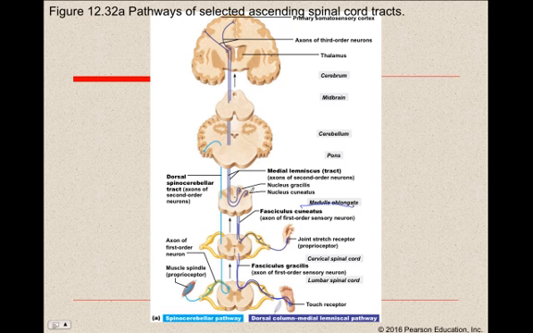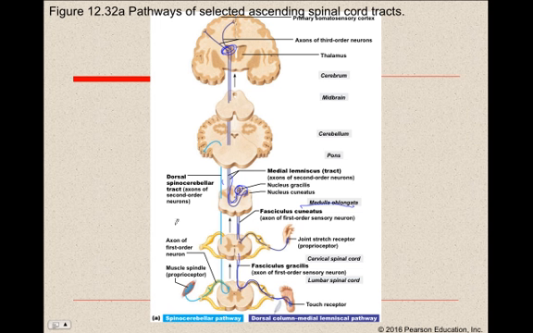This is the medulla oblongata here. So it's synapsing in the medulla oblongata with a second order neuron. Then the second order neuron is going to go from the medulla all the way up here into the thalamus of the brain, where it will synapse with a third order neuron, and that third order neuron again will take it to the primary somatosensory cortex.